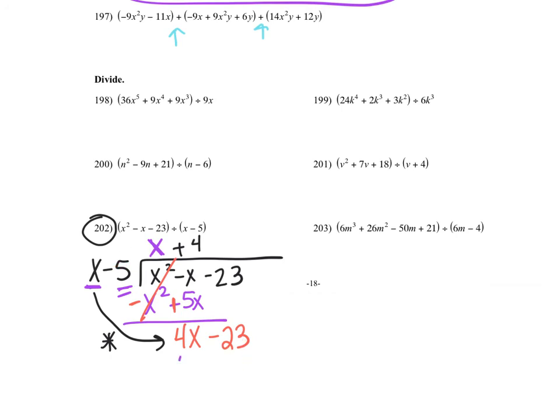So this would be 4x minus 20, and then you change the sign and change the sign. That cancels. So -23 plus 20 is -3. That's a remainder. So -3 over x minus 5, and this would be your full answer.